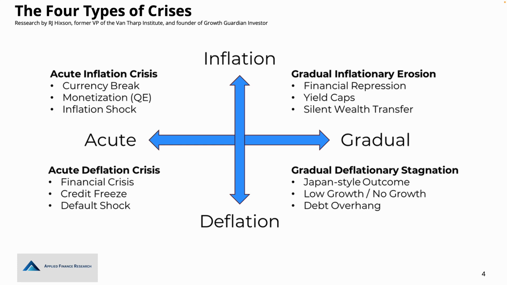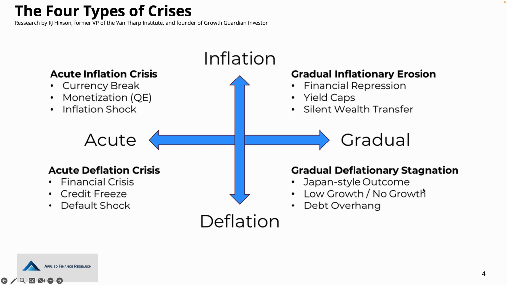Banks stopped lending, credit froze, and of course we all know the stock market plummeted. Now in the upper left is where we have acute inflationary crises. This usually comes from governments trying to manage debt burdens by creating too much money, or sometimes using repressive capital controls, or sometimes doing both at the same time. An example here would be Weimar Germany in the 1920s, when inflation was just through the roof.